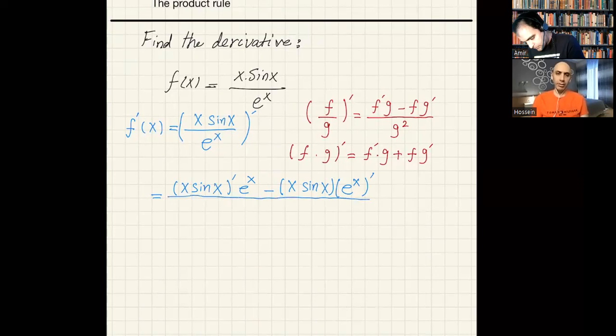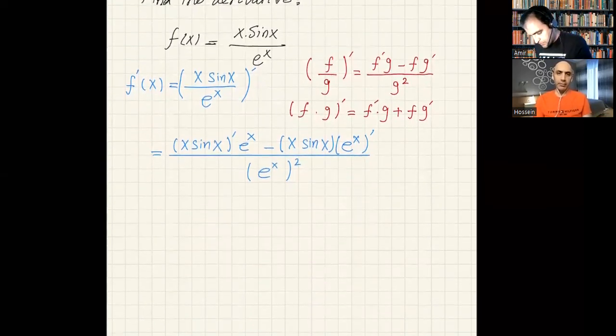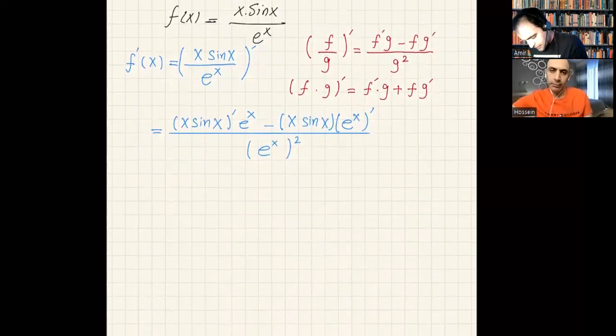The whole numerator is divided by the square of the denominator. Am I right? Yeah, that's correct. So let me scroll down.